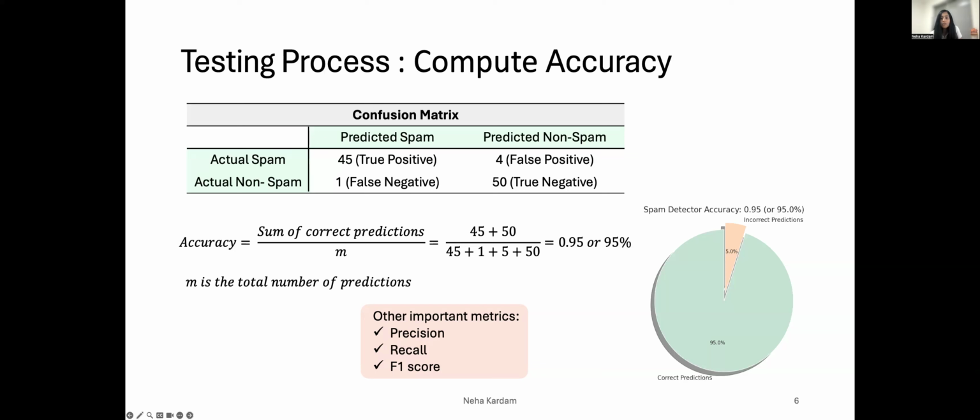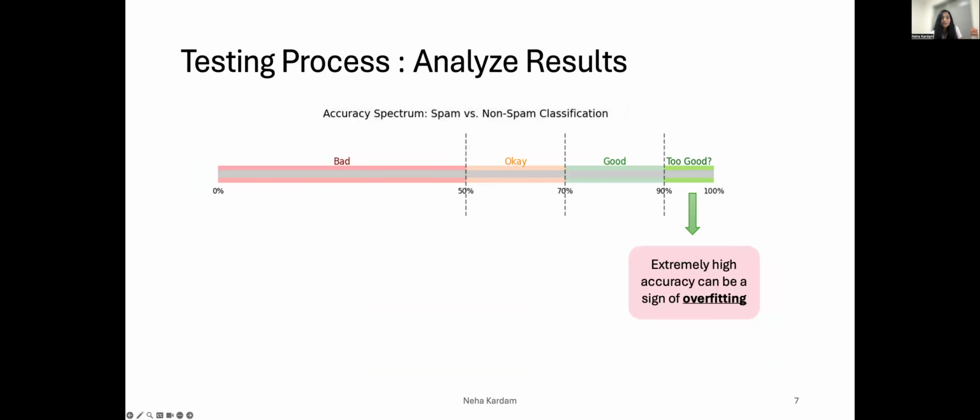And the F1 score balances both. It highlights how well the model handles the trade off between missing positives and avoiding false alarms. So, while accuracy is a good starting point, precision, recall, and F1 score give a full picture of model performance. We will explore these metrics in more detail in the next lecture.